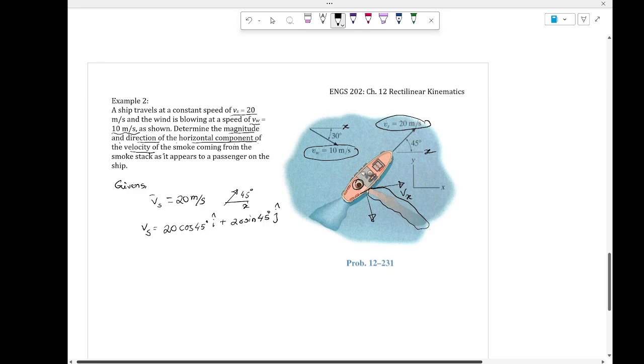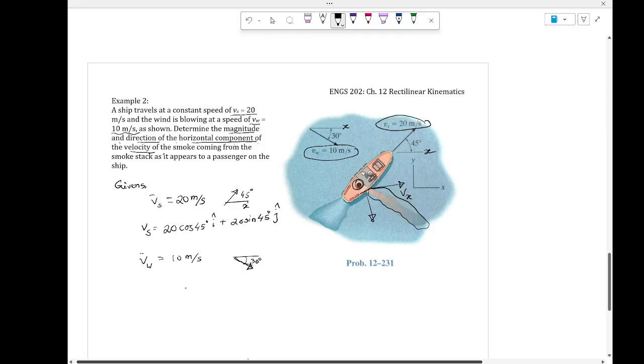Same thing I'm doing for the wind velocity. All right, so far nothing fancy, and the wind velocity is given as 10 meter per second, right? With the direction of 30 degrees with x.